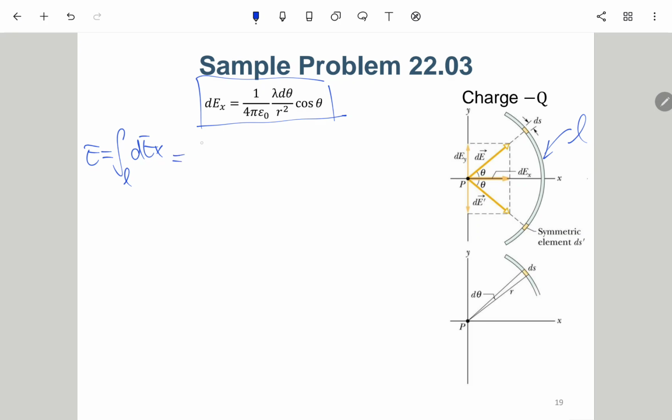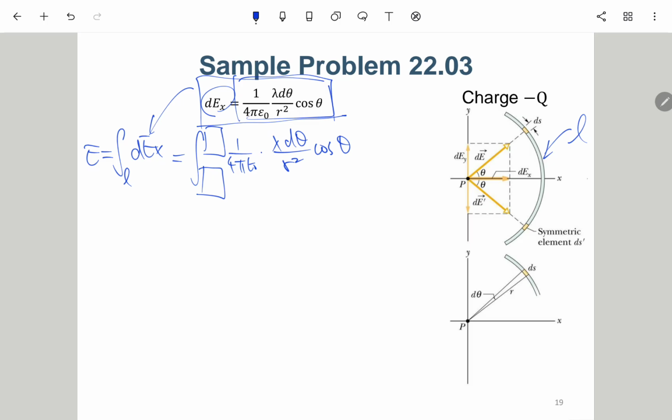So we put this expression here, 1 over 4 pi epsilon naught, and then times lambda d theta over r squared, cosine of theta. This is just what we evaluated, so we just use this to replace it here. And of course, this is a finite integral, so we need to define the lower bound and the upper bound of this finite integral.